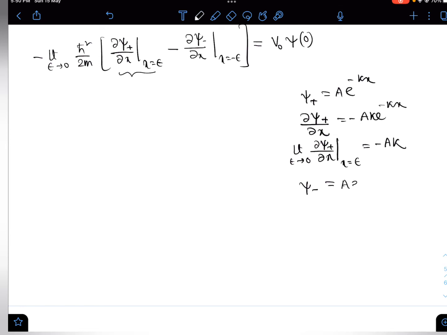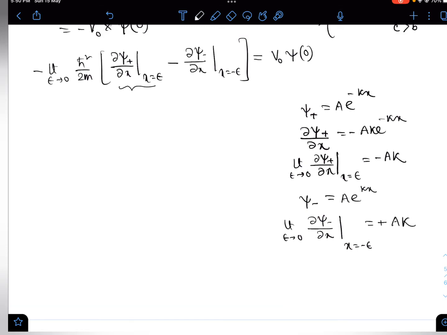So del psi minus del x at x minus epsilon, as epsilon tends to 0, will give us plus Ak. If we put these two values here, we get h cut square by 2m times 2Ak, which is equal to V0. And what is psi 0?